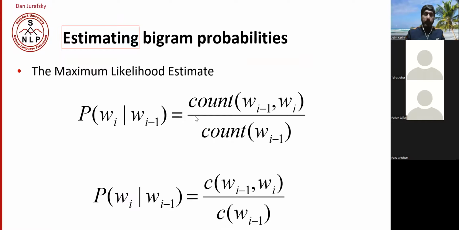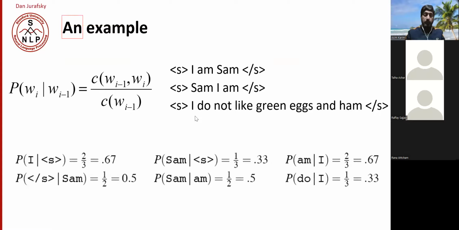So we have already looked at the simplest way of estimating, which is the maximum likelihood estimate. This is a very simple example, but let's quickly go over it. Let's say you have 3 sentences.